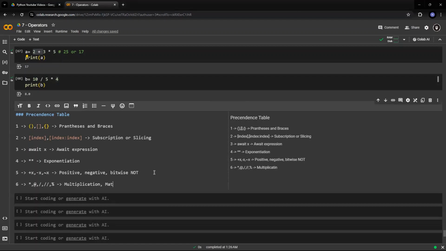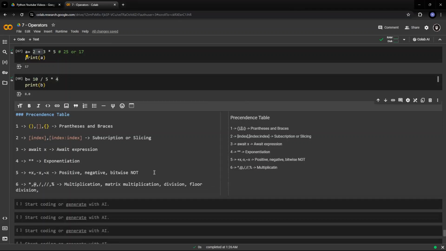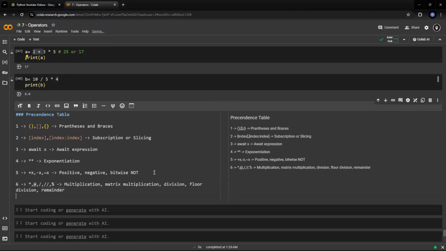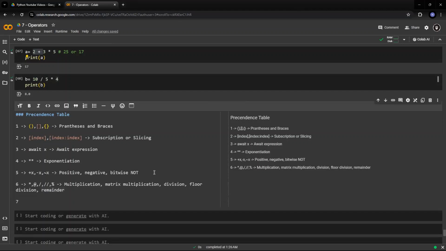Seventh is your addition and subtraction.